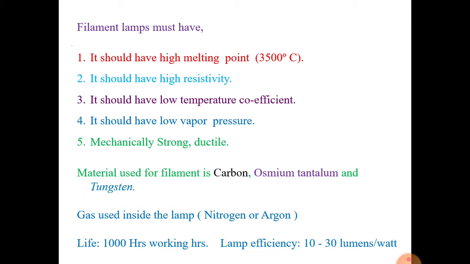The lifespan of this lamp is 1000 working hours, and the lamp efficiency is 10 to 30 lumen per watt. The efficiency of the lamp is measured in lumen per watt, means how much lumen it will give per watt. The incandescent lamp gives an efficiency between 10 to 30 lumen per watt. It is low as compared to the other types of lamp that we will see in the next presentation.